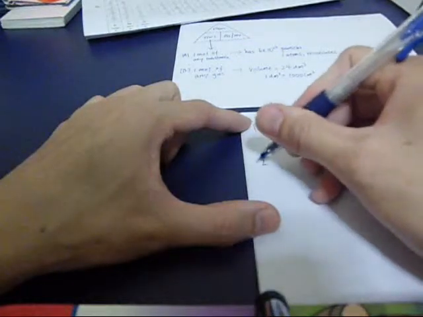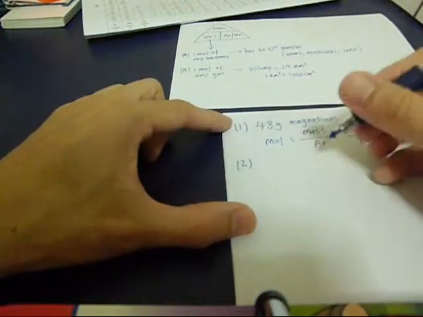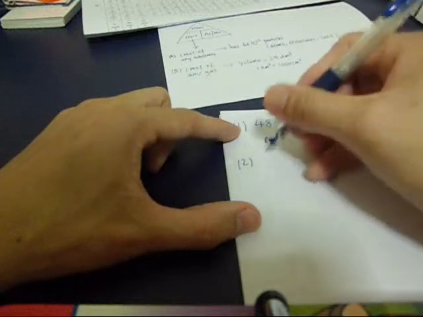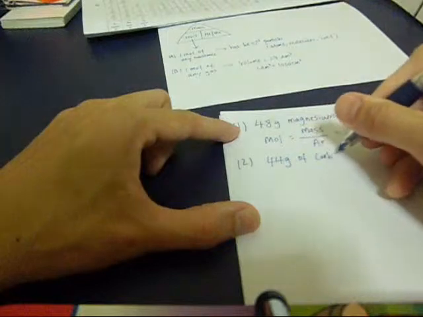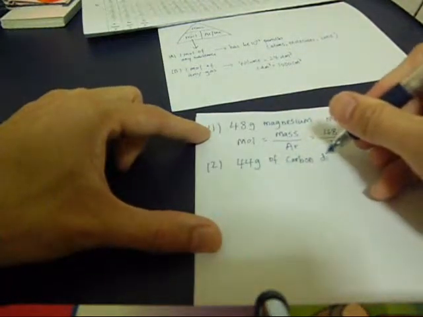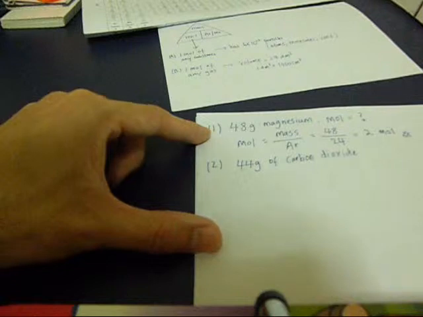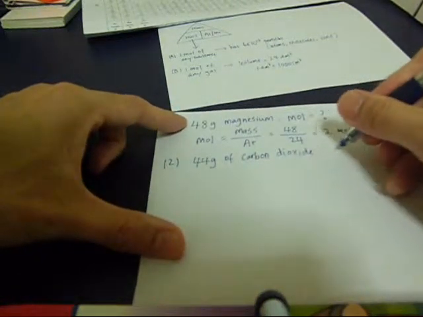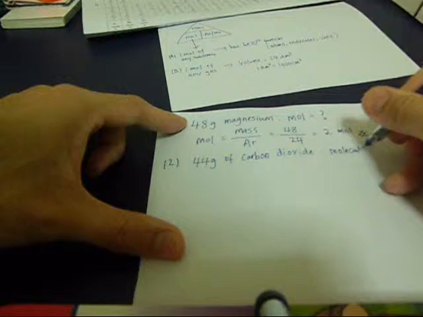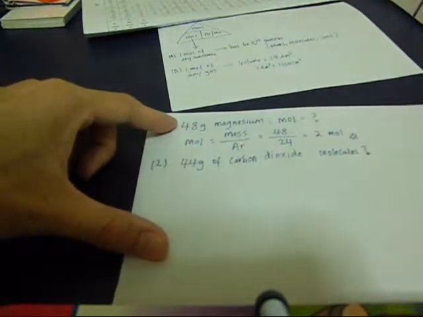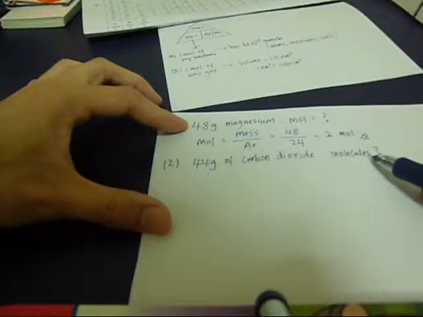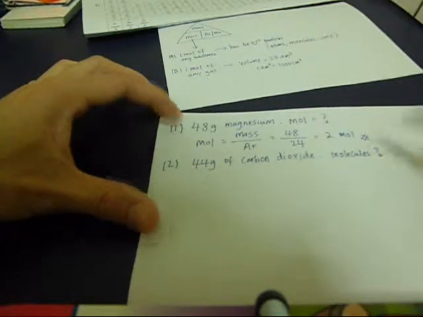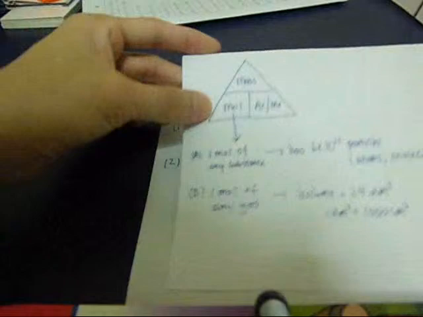Now let's look at the second example. You are given 44 grams of carbon dioxide, and you have to find out how many molecules there are. Molecules are considered particles.